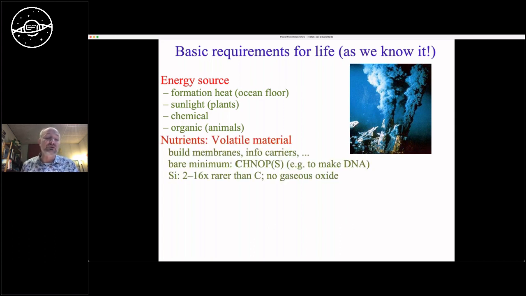Second thing you need are nutrients. So you need to get volatile material, for example, to build membranes, to build information carriers, hormones, whatnot. And the bare minimum, chemically speaking, in terms of the volatile material, seems to be this set of 6 elements, in particular carbon.